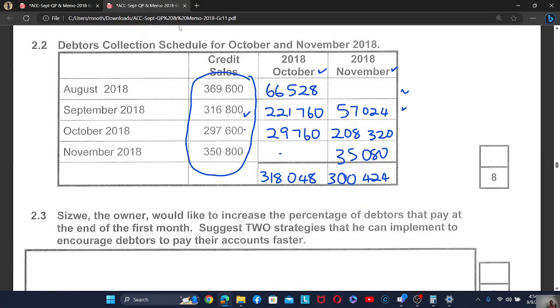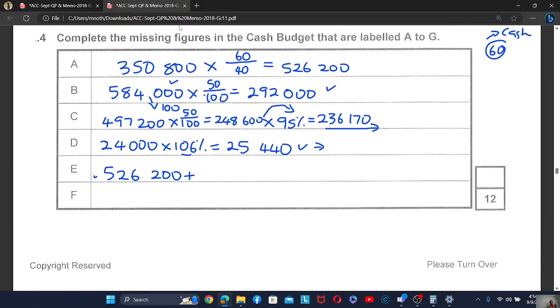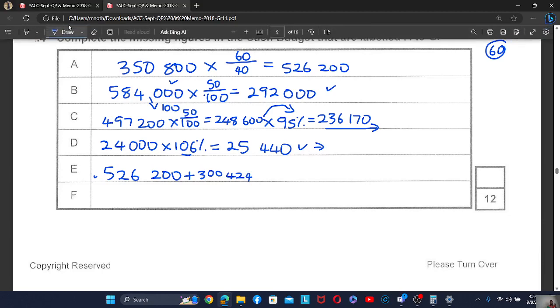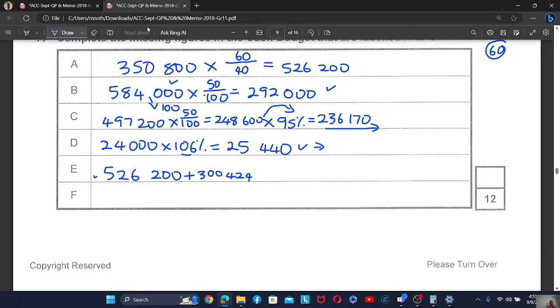For November, the collection from debtors is 300,424. And then the rent income is 7,000.